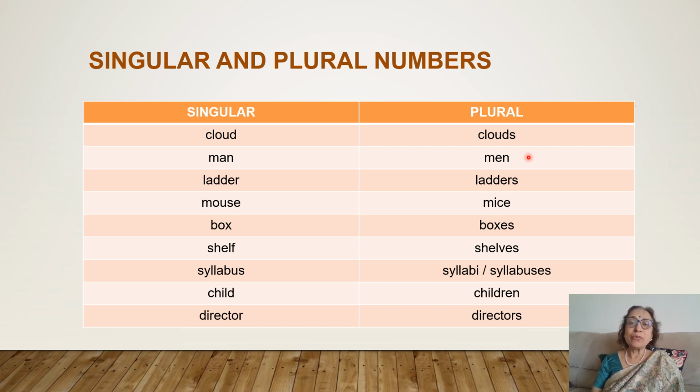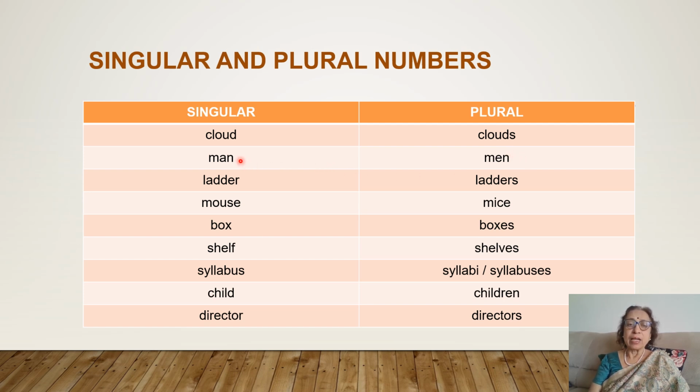So for ease of pronunciation, words which have ending which is similar to S, we add E. So we say boxes. E sound comes boxes. So that E sound, the vowel sound, helps in the pronunciation. Now you look at the other plural forms. Man becomes men. So there's a change.